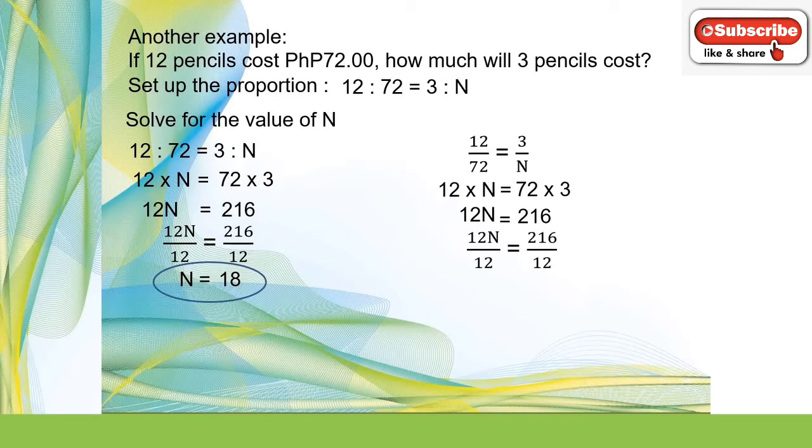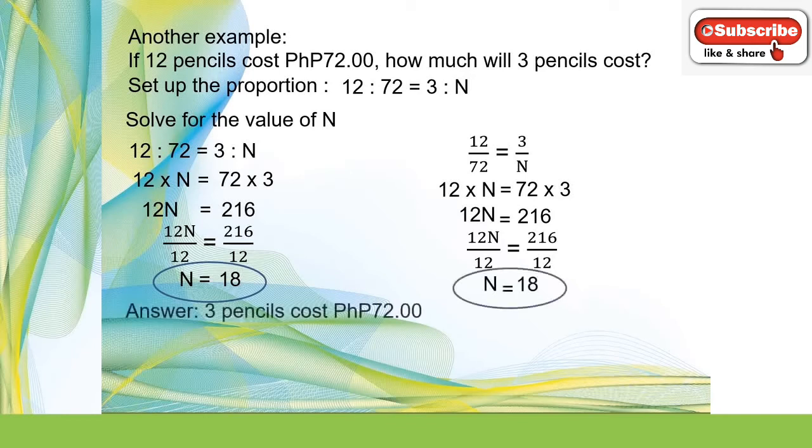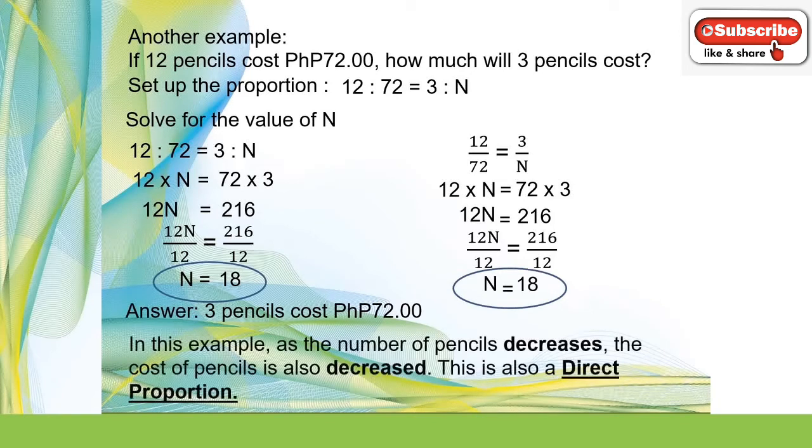So 12n divided by 12 and 216 divided by 12. n is equal to 18. Therefore, 3 pencils cost 18 pesos. In this example, as the number of pencils decreases, the cost of pencils also decreases. This is also an example of direct proportion.